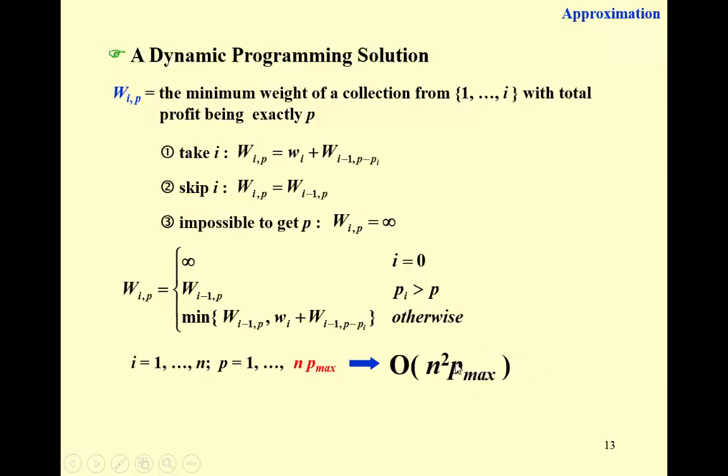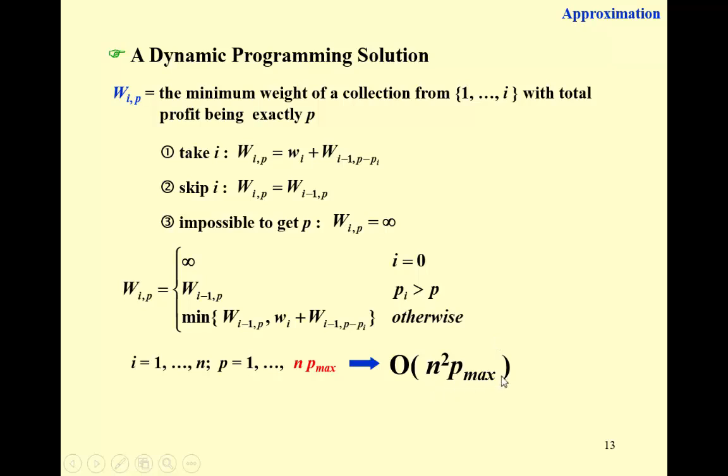So imagine if it is a huge number, it could be even larger than something like 2 to the power n. What if that is the case? So the size of this kind of input is defined to be the code length of this number. That is the number of bits it occupies. So for example, if it takes d bits, then P max is big O of 2 to the power d.